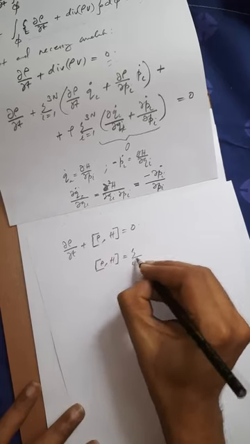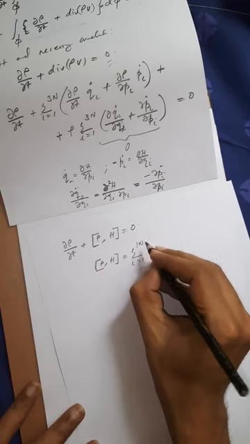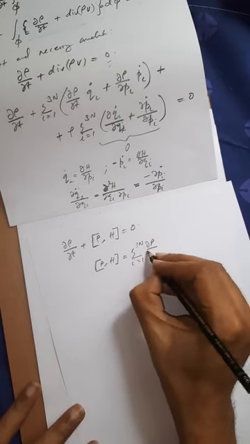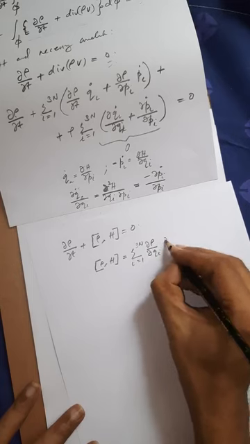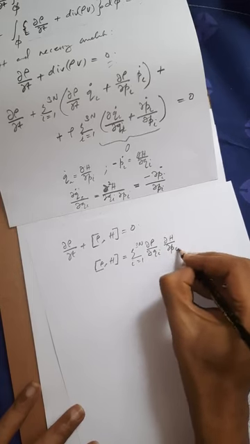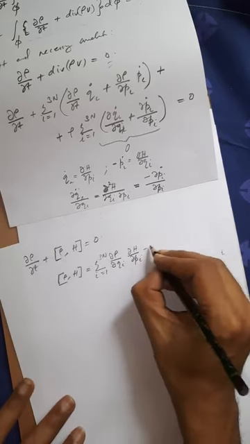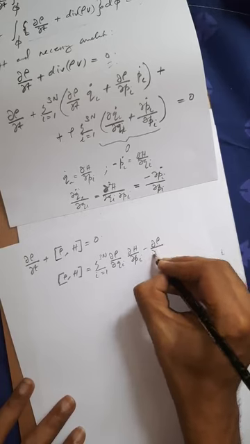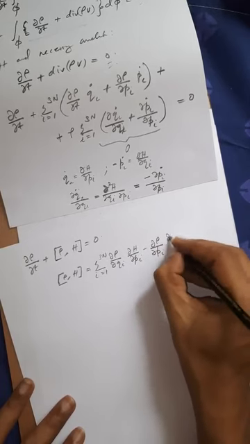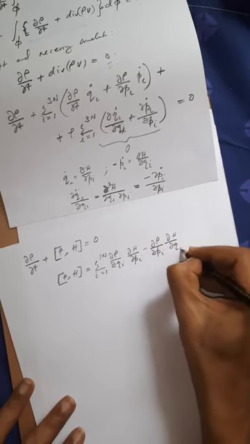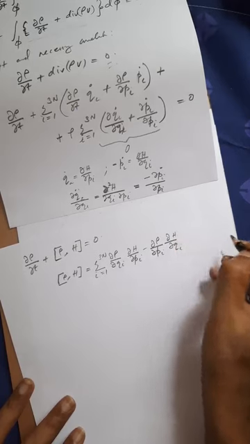The Poisson bracket rho h is equal to summation over i equal to 1 to 3n dou rho by dou qi into dou h by dou pi minus dou rho by dou pi into dou h by dou qi.